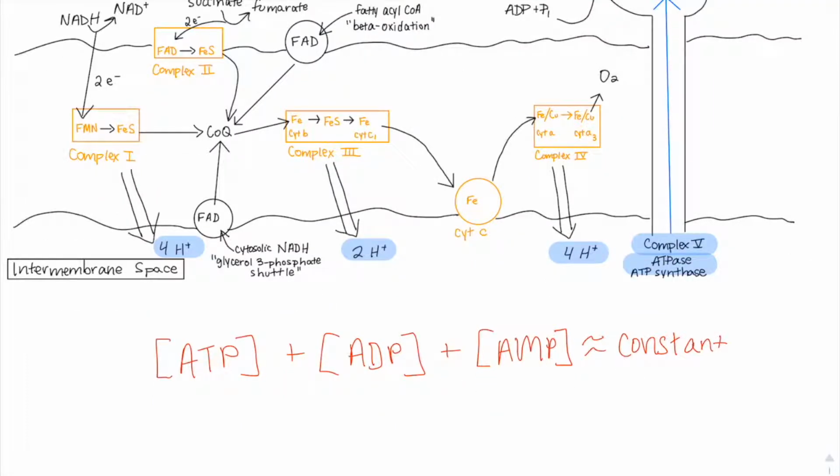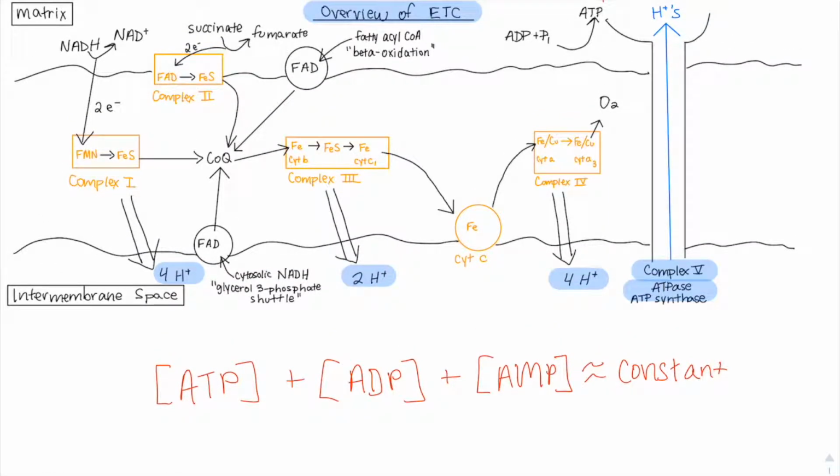So if we have a lot of ATP already, we won't have enough ADP to make more ATP. In a high energy state, we don't have as much ADP to act as a substrate for ATP synthase or complex 5, so this complex can't run.